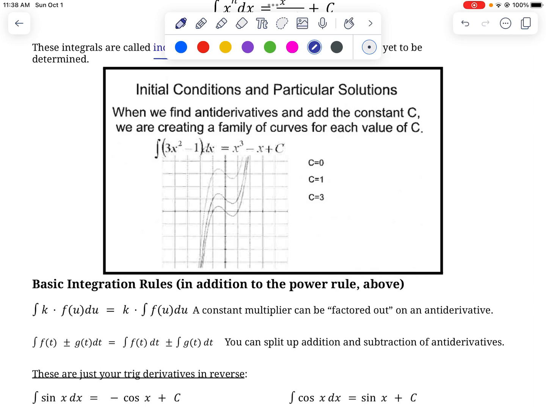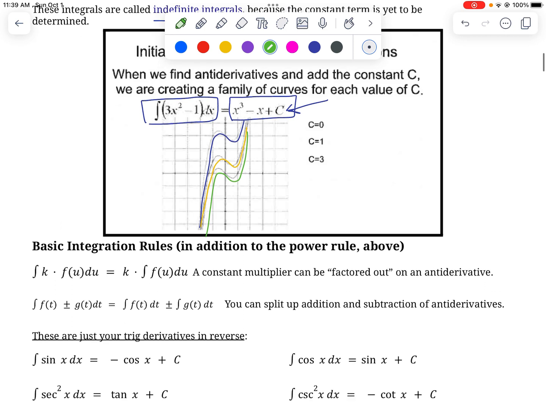This box is taken off the internet, and it's just an illustration that if I'm anti-differentiating this expression and I know I get some cubic, by having different values for c, we end up getting different curves in a family of functions. They all have the same sort of shape. That's why they have the same derivative, but they're just slid up and down in the coordinate plane, okay?